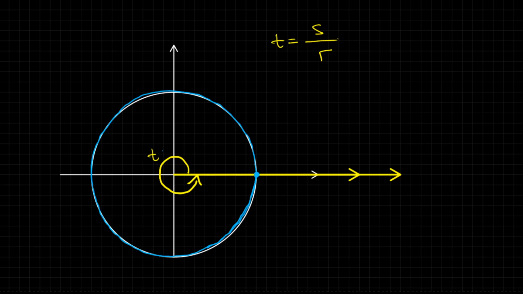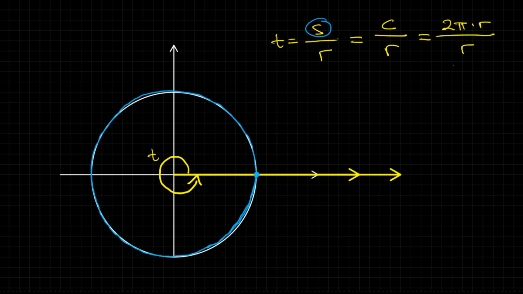And so in this particular case, t would be equal to the length of the arc subtended, which is the circumference of the circle, divided by the radius, and we know from earlier math classes that the circumference of a circle is 2 pi times r.